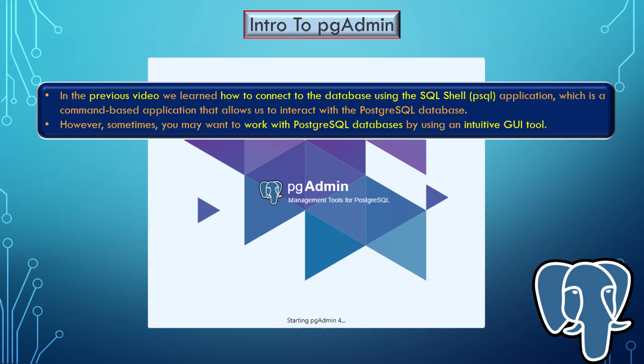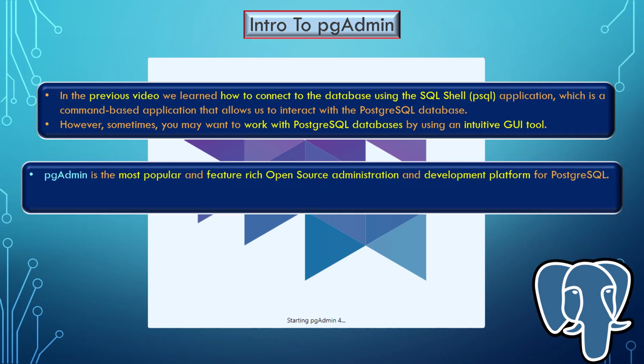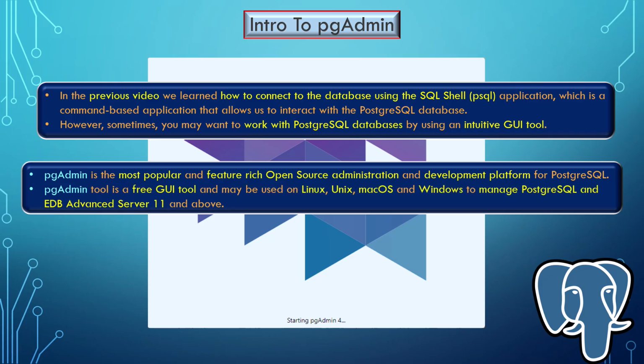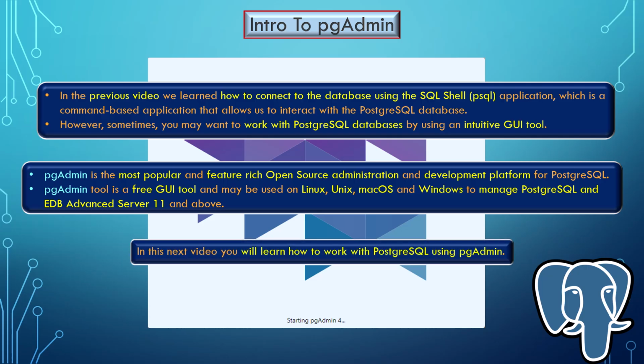However, sometimes you might want to work with PostgreSQL databases by using an intuitive GUI tool. pgAdmin is the most popular and feature-rich open-source administration and development platform for PostgreSQL. pgAdmin tool is a free GUI tool and may be used on Linux, Unix, Mac OS, and Windows to manage PostgreSQL and EDB Advanced Server 11 and above. In this next video, you will learn how to work with PostgreSQL using pgAdmin.